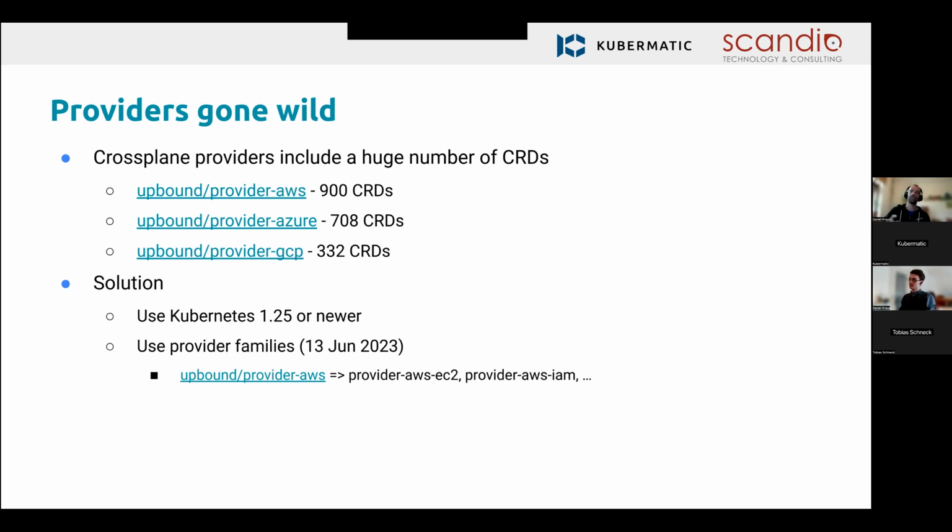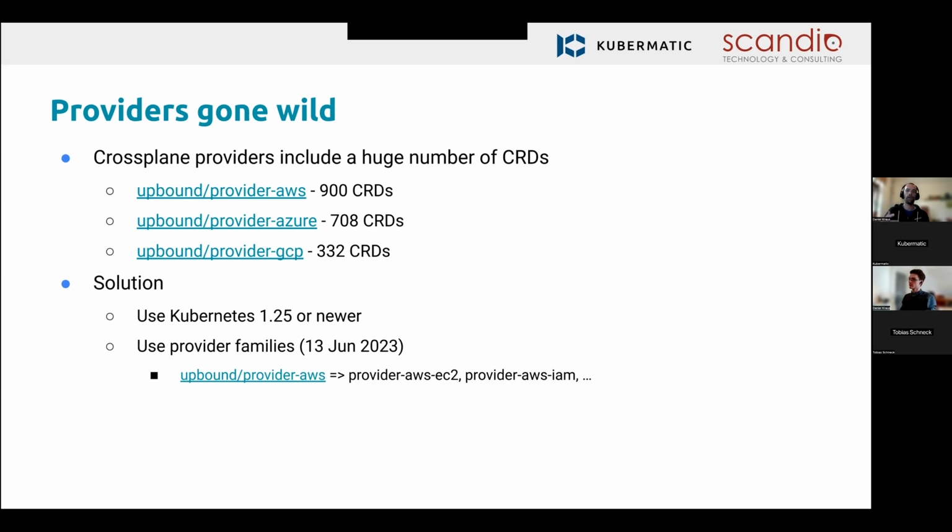However, Upbound worked really hard to improve the situation and also incorporated some improvements in Kubernetes itself, which they provided upstream. So it is advisable to use at least Kubernetes 1.25. The second solution here, which was just released or implemented 4 weeks ago, is to use the so-called provider families.